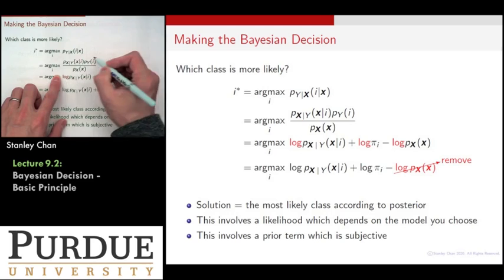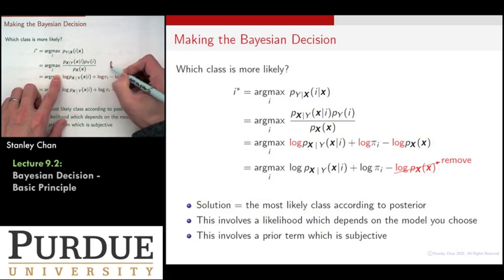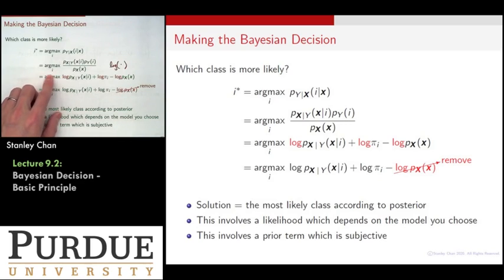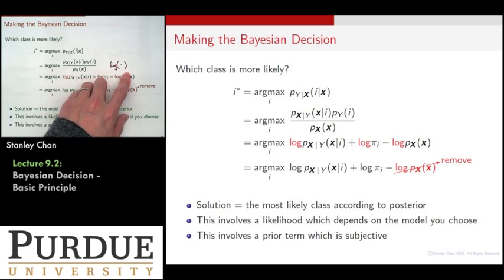If I put a log on this entire thing, I am not going to change the maximizer. I'm going to change the functional value, but not the argument that maximizes the function, because the log function is monotonically increasing. So if I maximize this function, then I will also maximize the log of that same function.